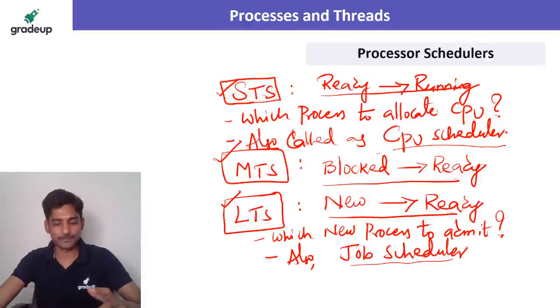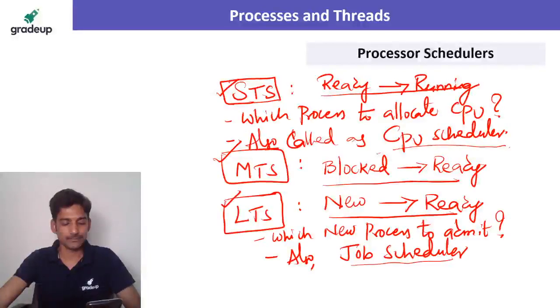Okay, I can see Chetan Shukla's question: from new to ready, STS will not decide, Chetan. STS will decide from ready to running, which process to switch first to running state.